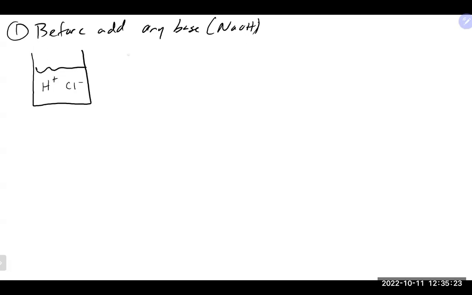So how would I figure out the pH at this point? If I know the concentration of the strong acid I started with, how can I figure out the pH? How do you figure out the pH of a strong acid?